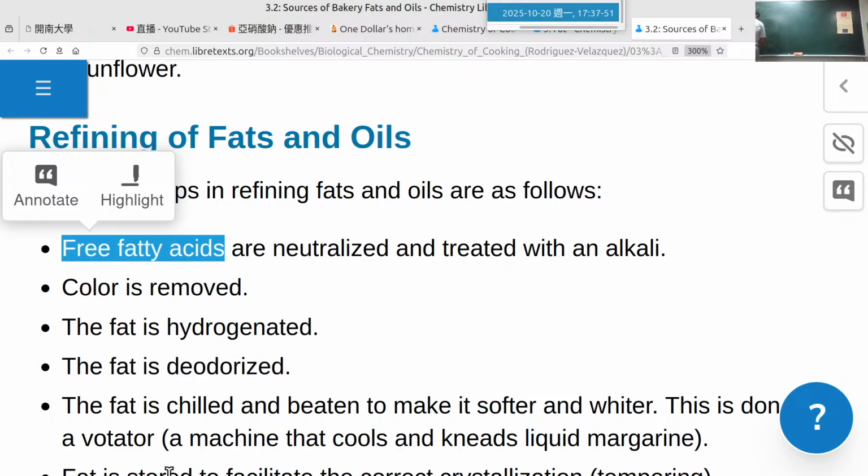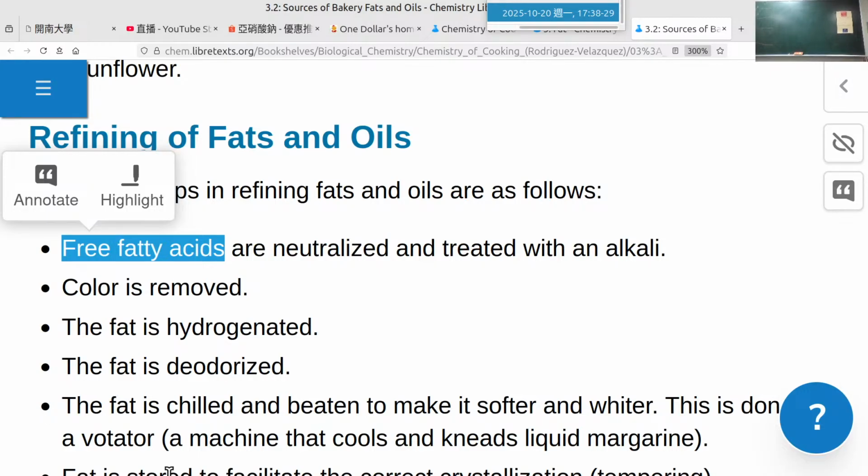Sunflower oil is theoretically pure, and there is something called a triglyceride. This structure has a glycerol, and when it is connected to fatty acid number one, number two, and number three, it's called a triglyceride.